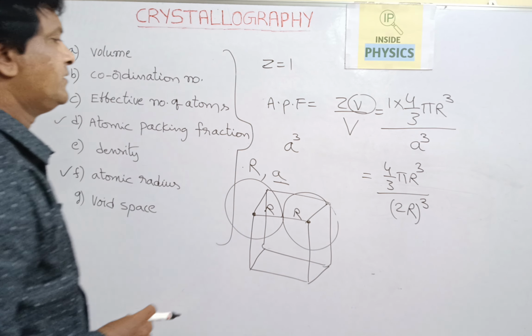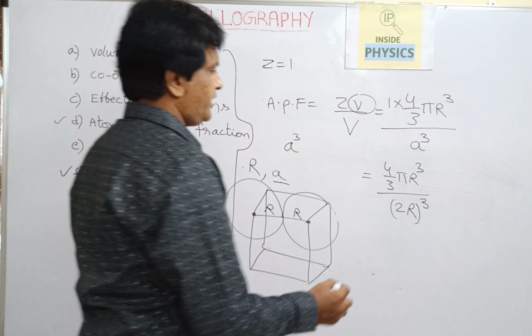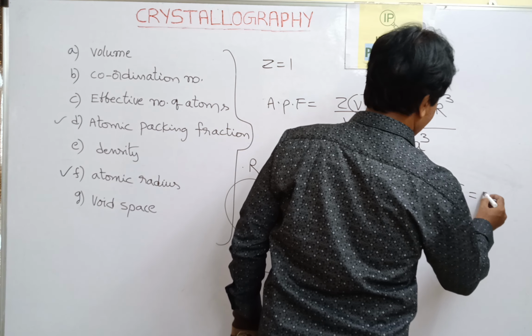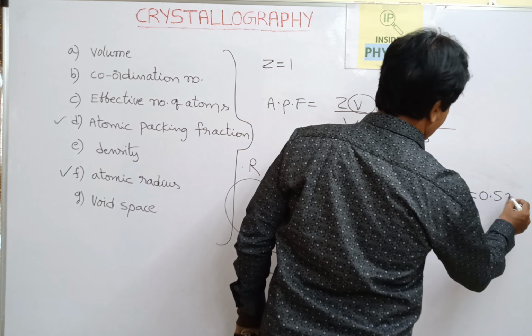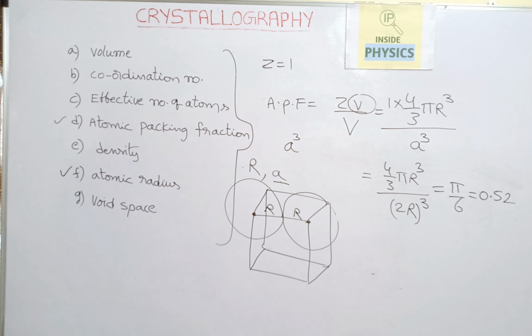So if you calculate that relation, what will we get? You will get pi by 6, which is equal to 0.52. Atomic packing fraction 0.52.